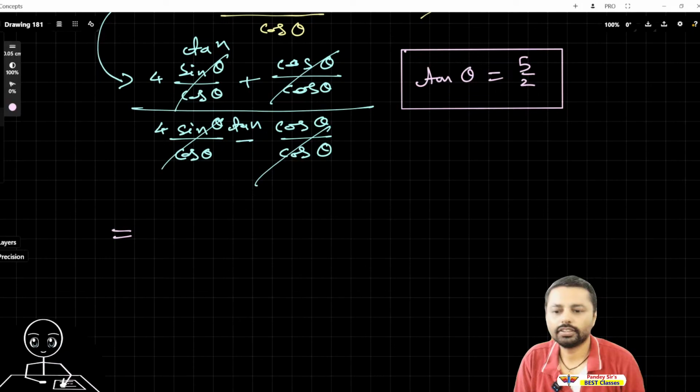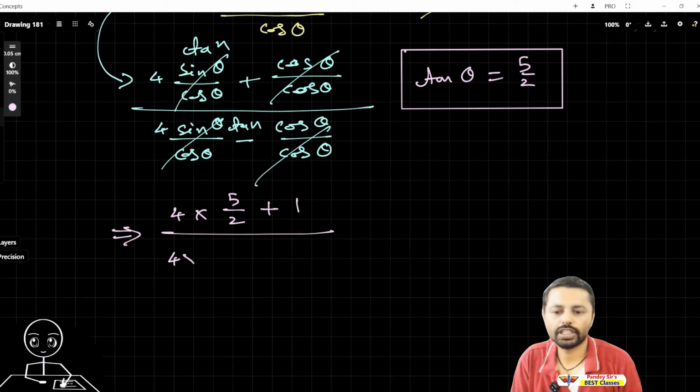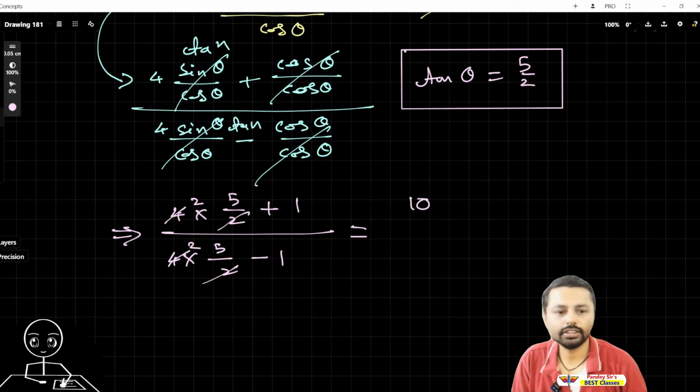So we get 4 into tan theta, what is the tan theta value? 5 by 2, plus 1, whole by 4 into 5 by 2 minus 1. 2 into 4... 2 fives are 10, plus 1 by 10 minus 1.